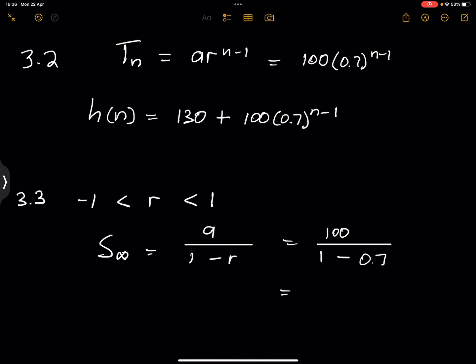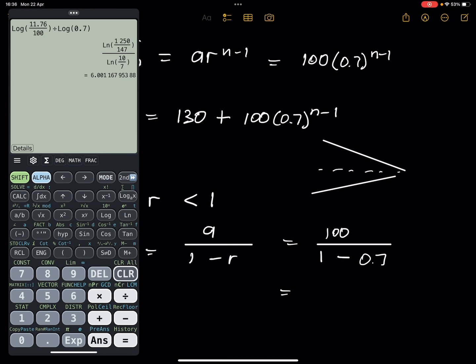So remember, this is a convergent sequence, because if our R value is between -1 and 1, the value by which it increases keeps getting smaller and smaller. So we're going to say this is 100 divided by 1 minus 0.7, okay?